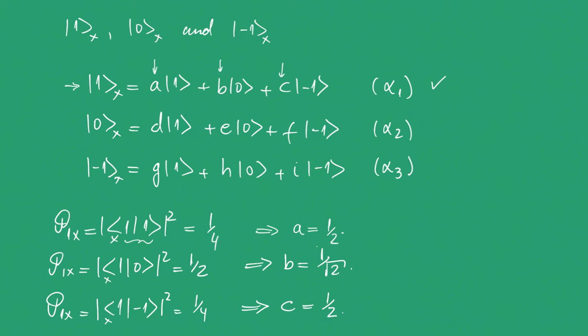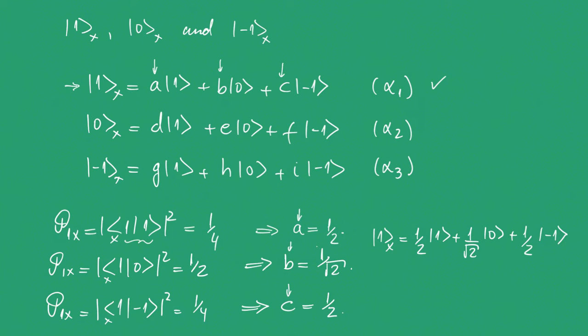Therefore, in principle, our ket 1 subscript x will be half ket 1 plus 1 over square root of 2 ket 0 plus half ket minus 1. I just plug back the values for the coefficients a, b, c into this equation alpha 1.